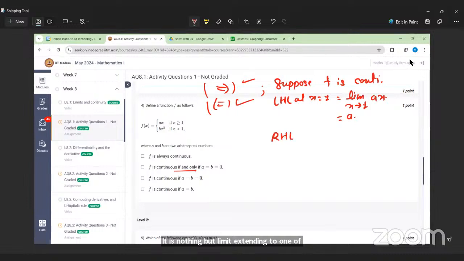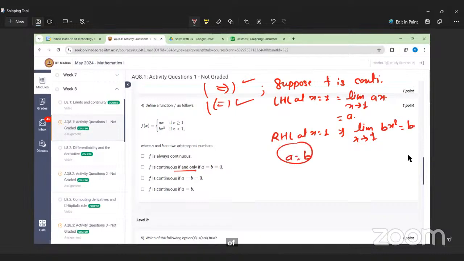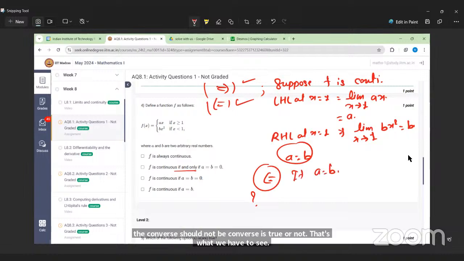And what is the right hand limit at x is equal to 1? It is the limit x tending to 1 of bx square, which is again equal to b. So if f is continuous, then a is equal to b. That's correct. But whether the converse is true or not, that's what we have to say. So if we take a is equal to b, can we conclude that f of x is continuous?